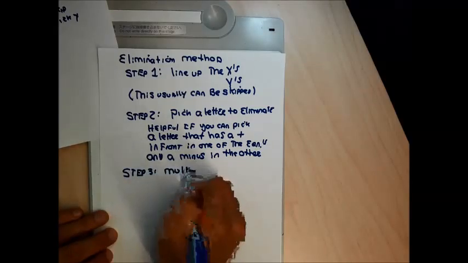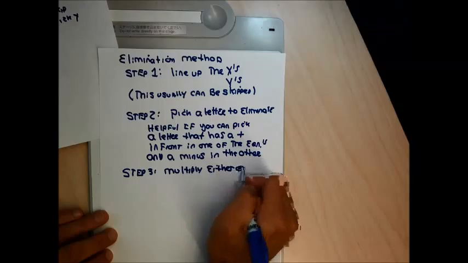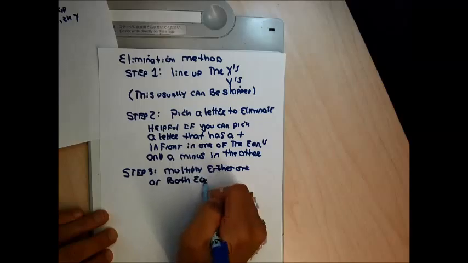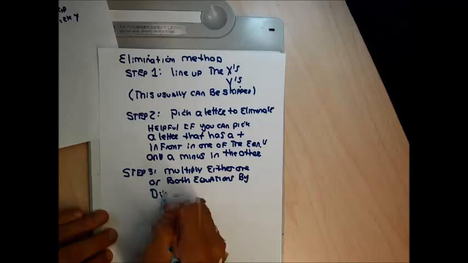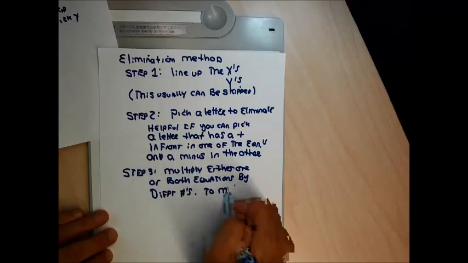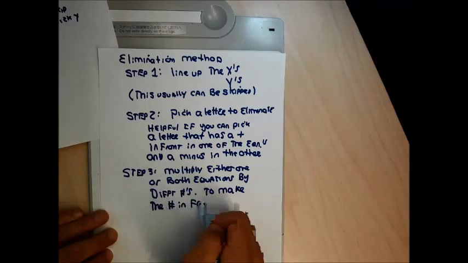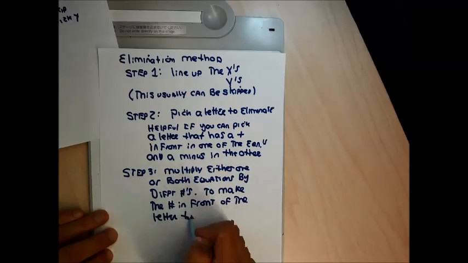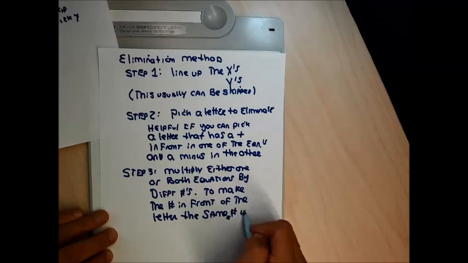Multiply either one or both equations by different numbers to make the number in front of the letters the same number with the different sign.